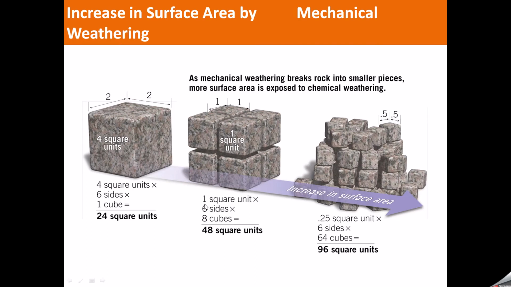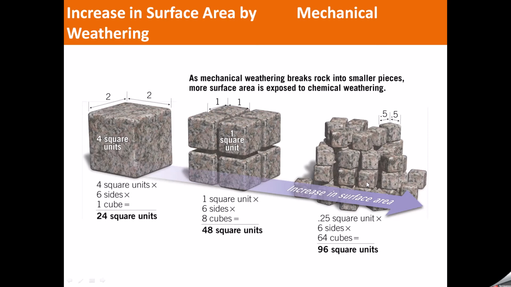So 1 square unit times 6 sides, times 8 cubes, will give 48 square units. So the area doubled from 24 to 48. If we have 64 cubes like this, each with 25 square units, 5 times 5, times 6 sides, times 64 pieces or 64 cubes, we'll get 96 square units. So the surface area increased.